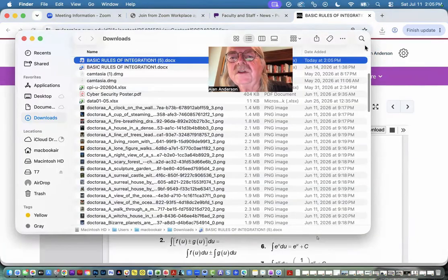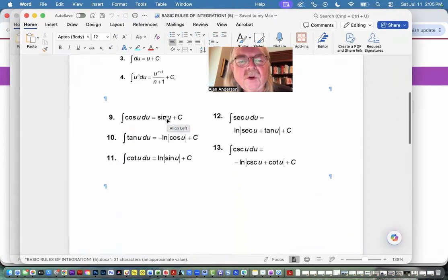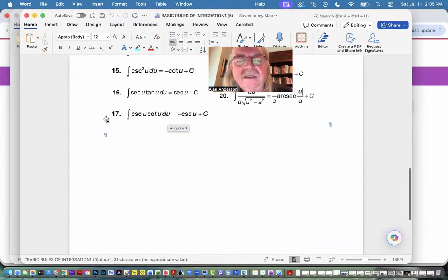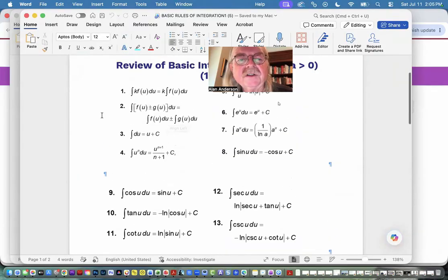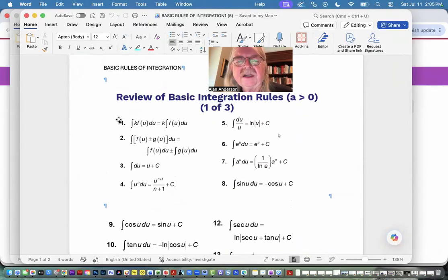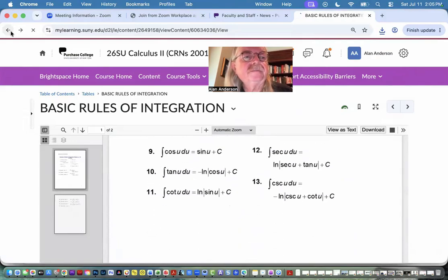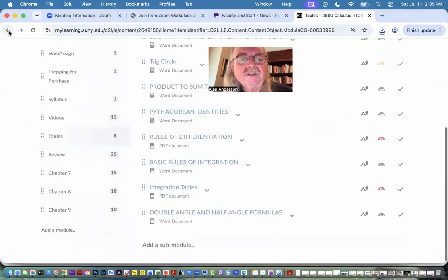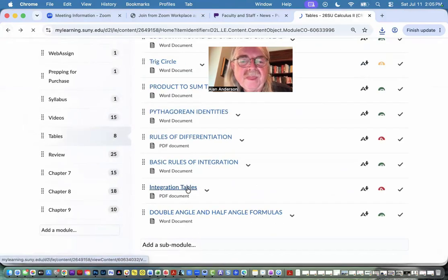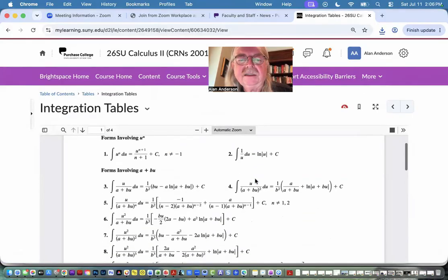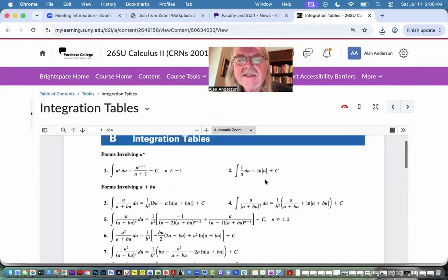So these are the ones that the book calls the basic rules of integration, which are the ones that aren't too overwhelmingly complicated. They involve the basic trig functions, e to the u, that kind of thing. And then we have the full version, which is enormous. Yeah, look at that. It's a lot.